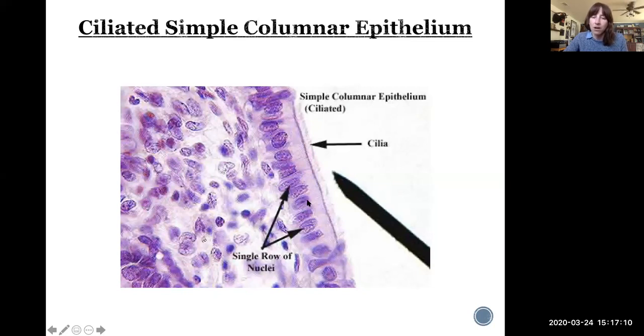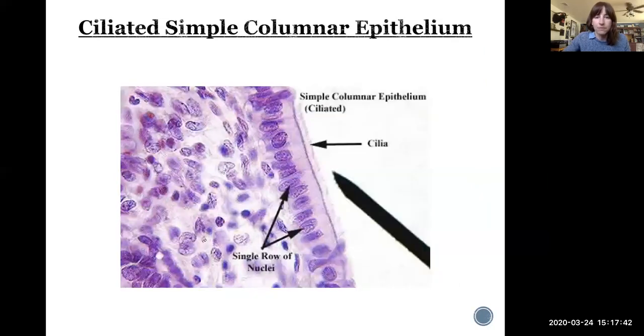So these oblong nuclei are also an indication that this is columnar epithelium. And then of course the cilia are really going to be the dead giveaway in terms of this being columnar epithelium. There are no ciliated forms of squamous epithelium, and there are no ciliated forms of cuboidal epithelium, okay? Having cilia on the apical surface is a columnar epithelium thing. That's what they have sometimes.